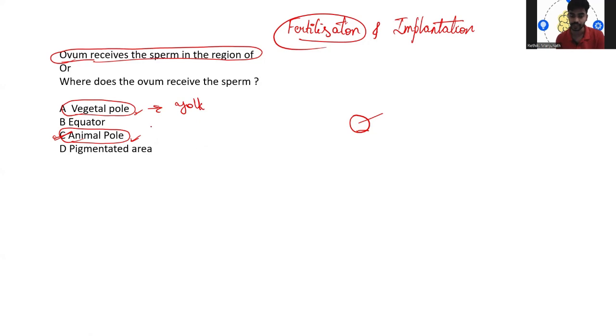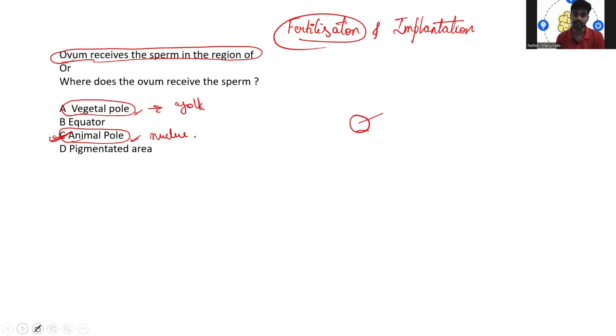Whereas in the animal pole, you will also see the nucleus from the mother. As a result, the sperm will enter through the animal pole itself, not the vegetal pole. So the option will be animal pole. This is the correct answer.